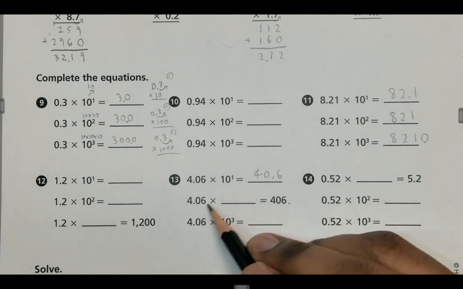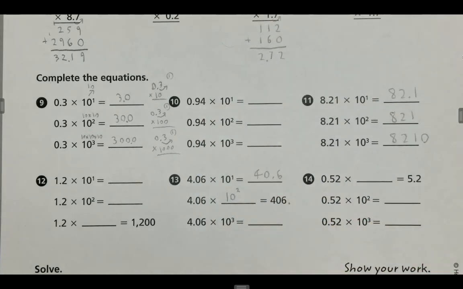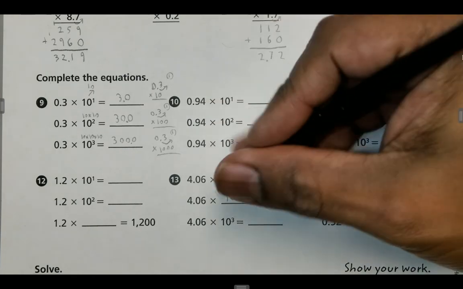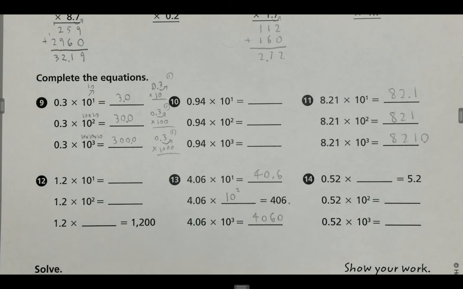So it would be like taking 4 and 6/10 and multiplying that by 10 to the second power. Down here, I'm taking this decimal and multiplying it by 10 to the third power, or 1,000. 3 pushes are needed. 1 push, 2 pushes, 3 pushes. 4,060.